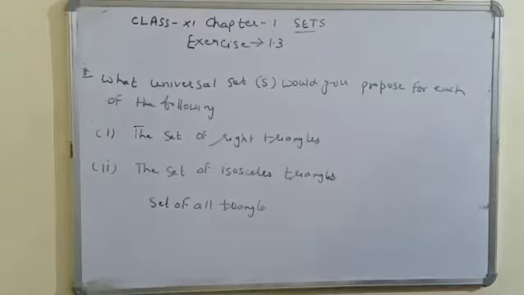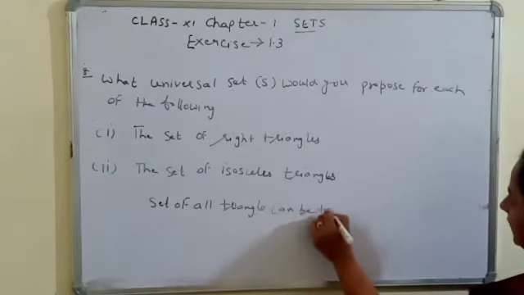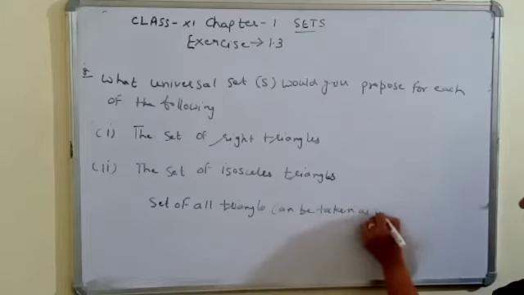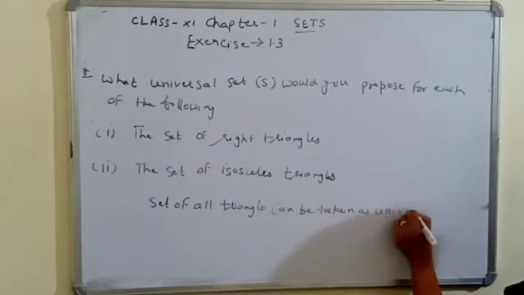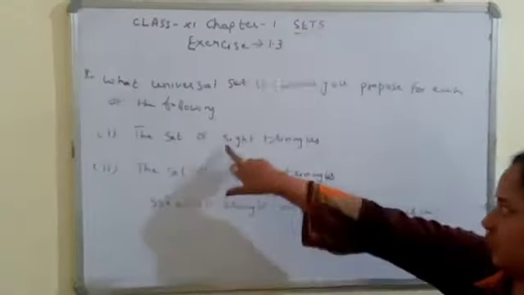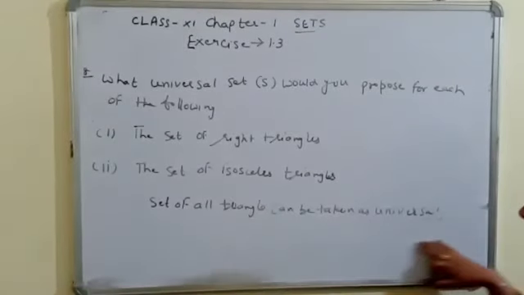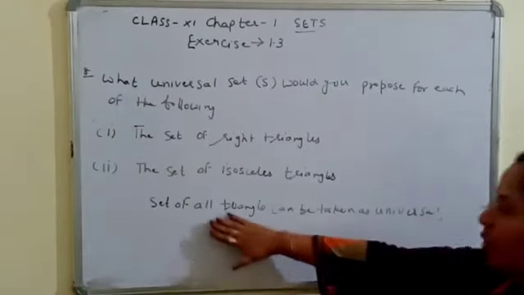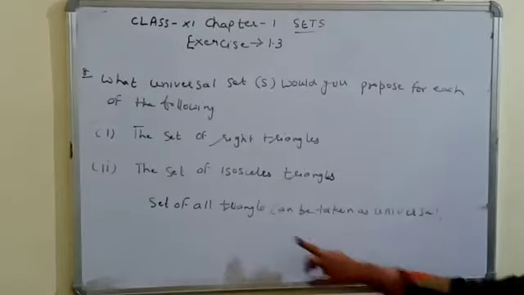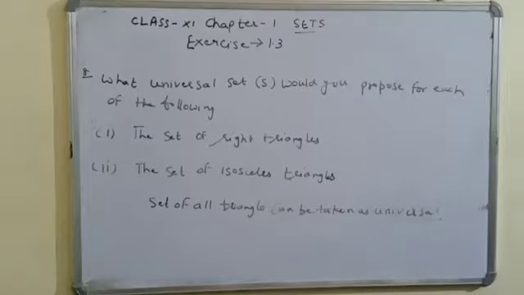Set of all triangles can be taken as the universal set. Set of right triangles and set of isosceles triangles, they are all included in the set of all types of triangles. So we can say the set of all triangles can be taken as the universal set.